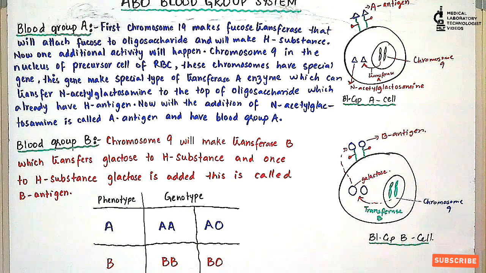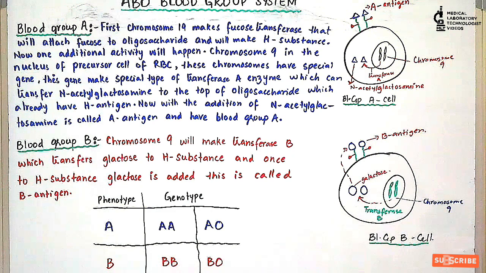Now, in blood group B, those people who have blood group B, what will happen in their red cells? Same as before, first H antigen will be formed, so I will not repeat that step because I have already repeated it two times. Now, you understand only chromosome 9 is responsible for producing the blood groups.